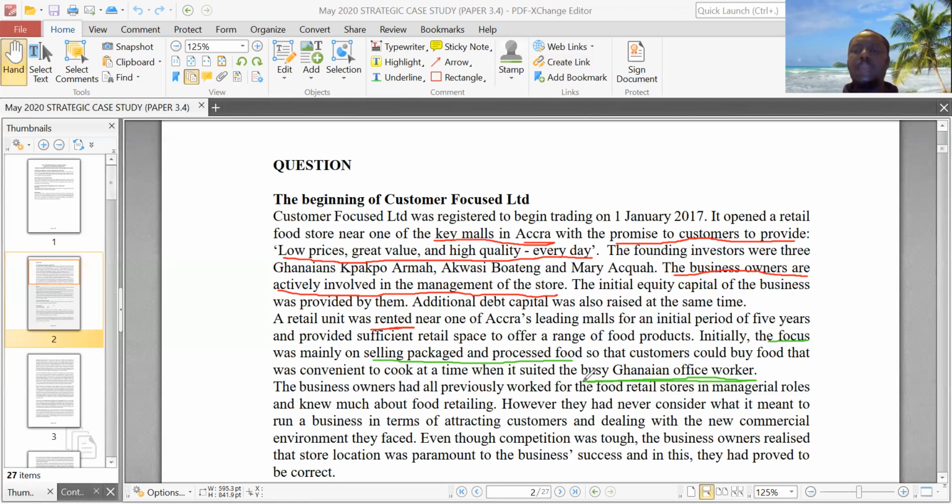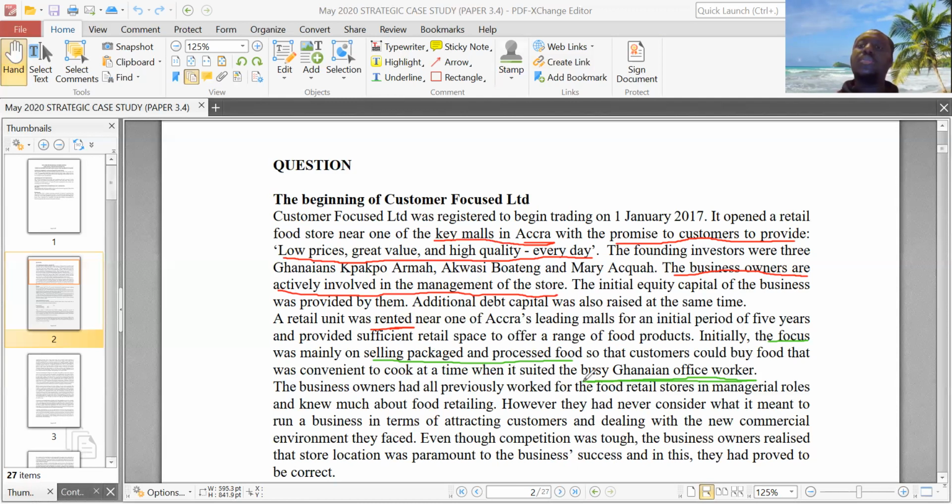So that's important to have at the back of your mind when analyzing the pre-seen material. Another model that you should also take note of is the PESTLE analysis, which looks at the external environment: the political, economic, social, technological, ecological, and legal factors.